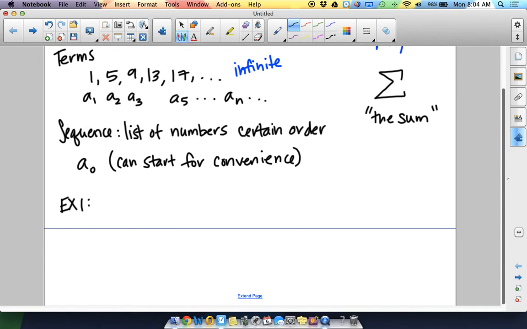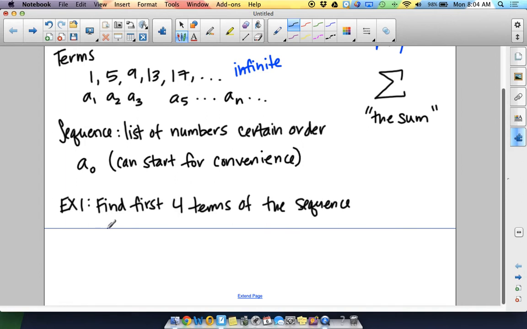So this is find the first 4 terms of the sequence. And so what I'm going to do is I'm going to give you a general rule.